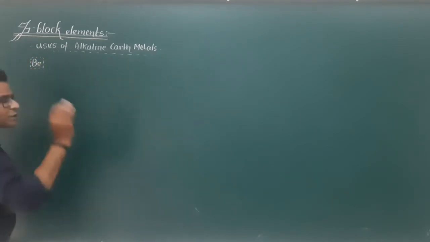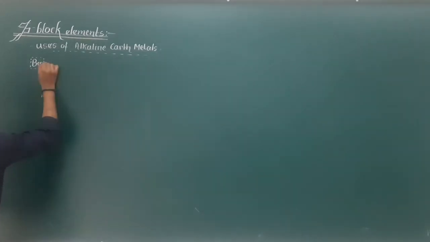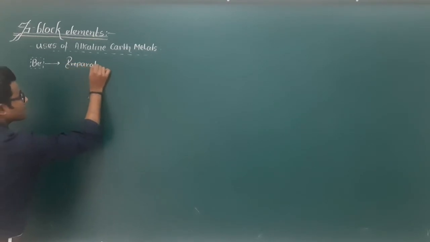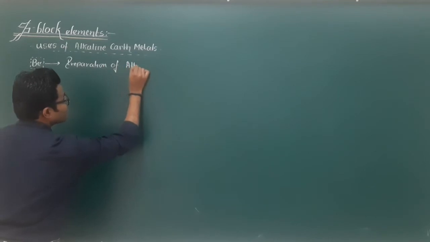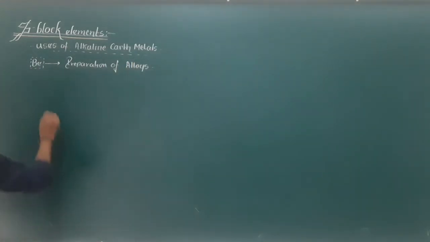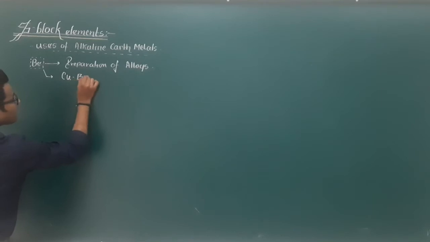So, when we take a look into beryllium, the first and foremost use of beryllium is that it is used in the preparation of different useful alloys. One of such alloys is with its combination with copper, that is the copper beryllium alloy.